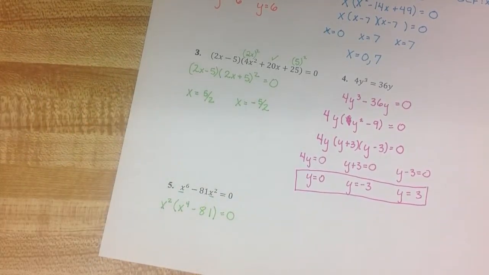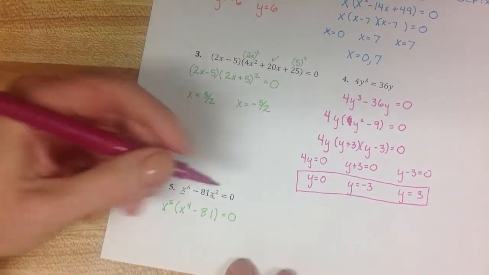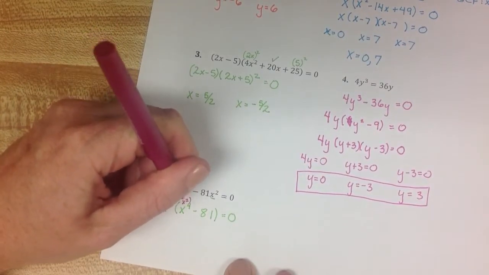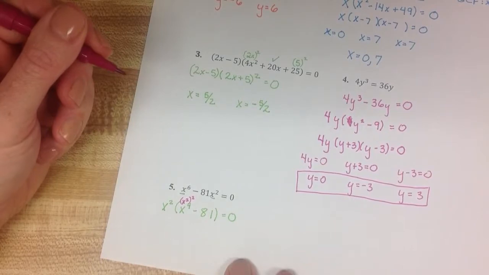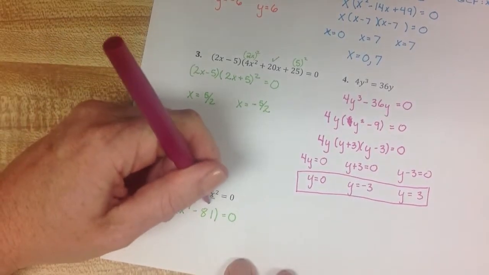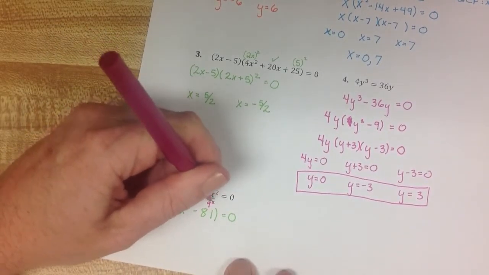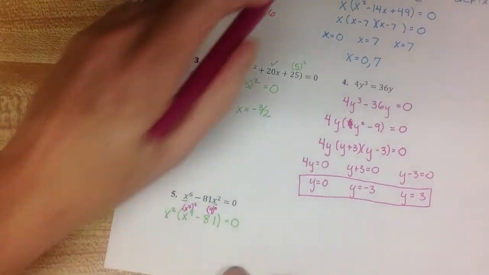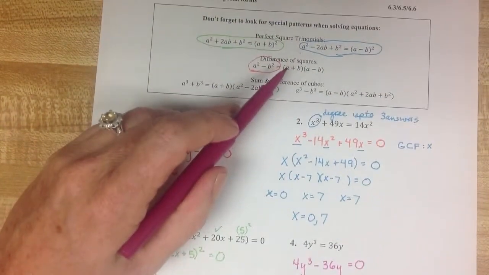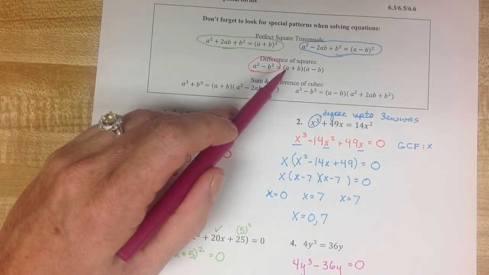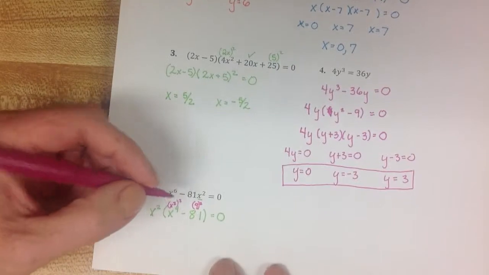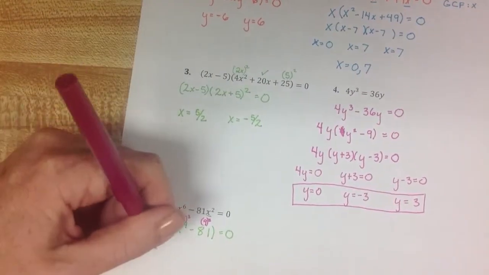And I once again have a difference of squares, because x to the 4th is really x squared squared, and 81 is really 9 squared. So following the difference of squares pattern, I'm going to have x squared plus 9 and x squared minus 9 as my second two terms here.